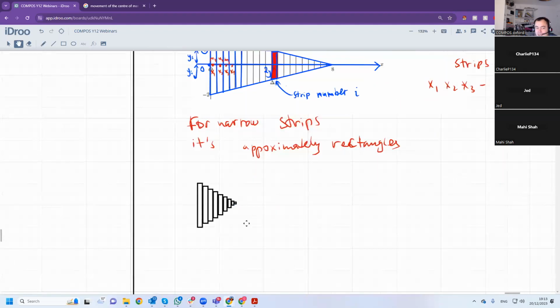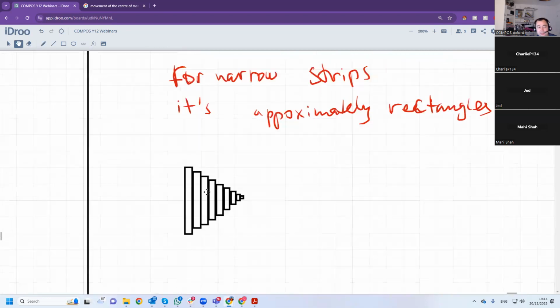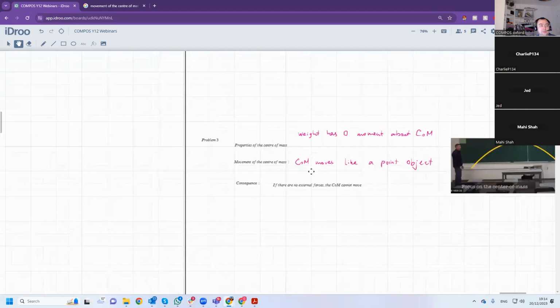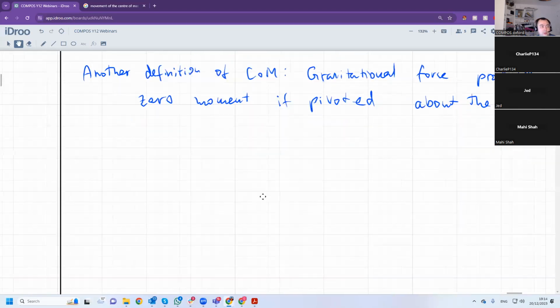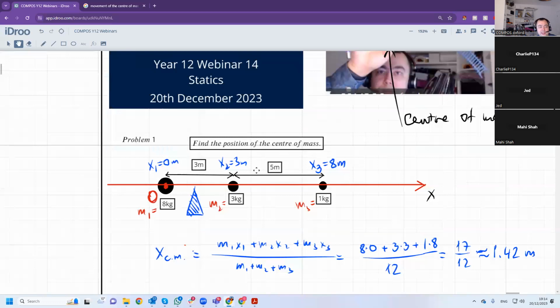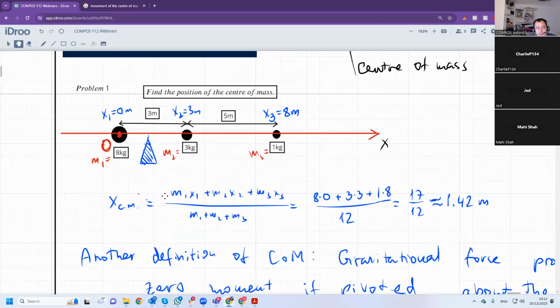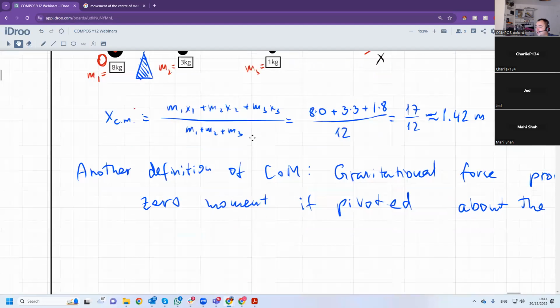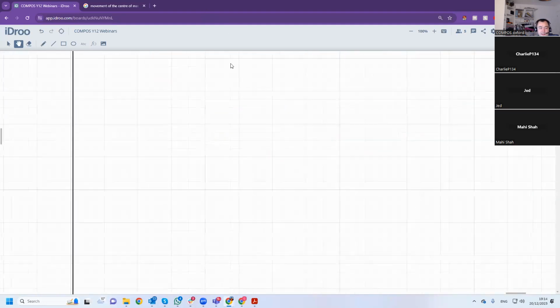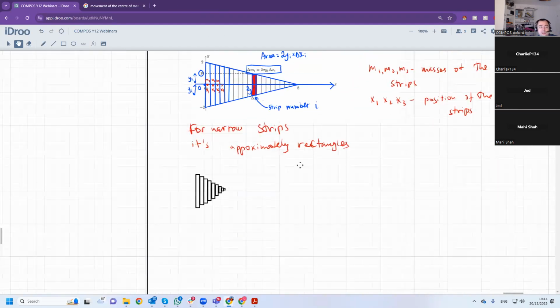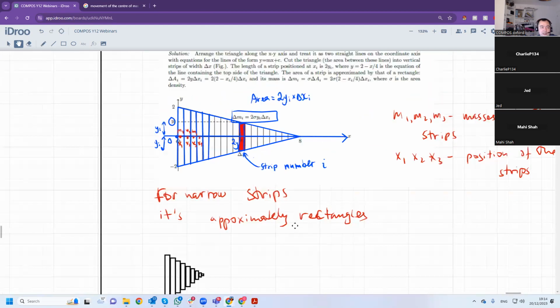But I really hope that you see that this problem is exactly the same as problem 1, which we were doing. We had 3 masses, and all we did was find the mass and the x, and we need to use this formula to find the center of mass. Now the problem here is you have many more masses, so you need a short way of adding them.